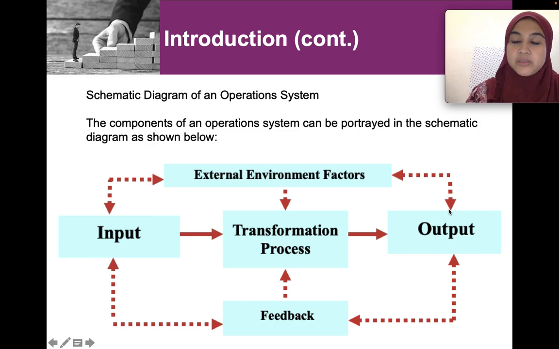So for example, you are producing a product, let's say a chocolate or a cake. Regarding the external environment, we have political, economical, social, technological, and competitors. One day, the government highlights that we need to stay healthy.